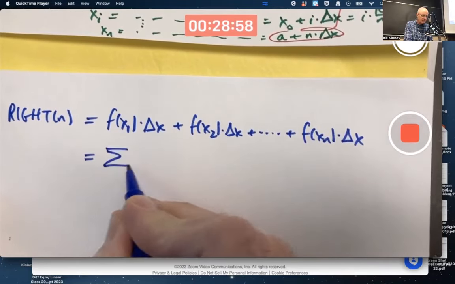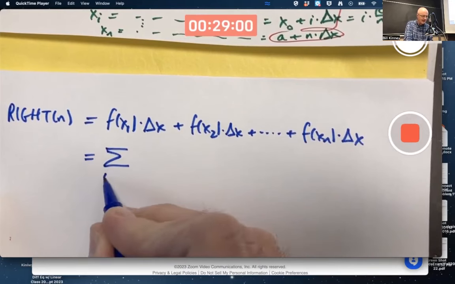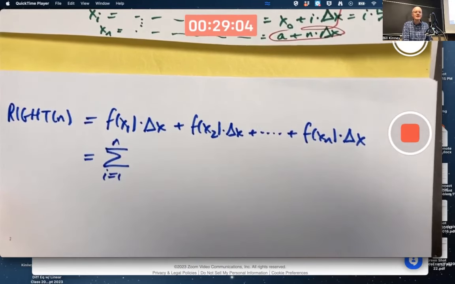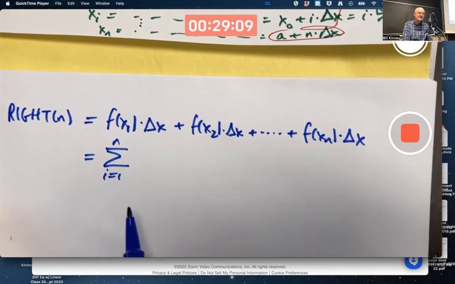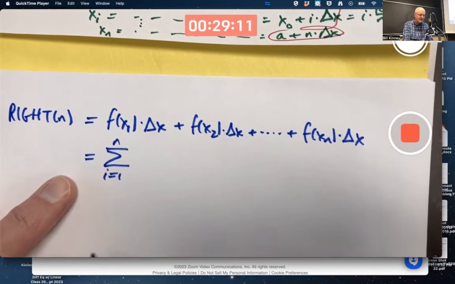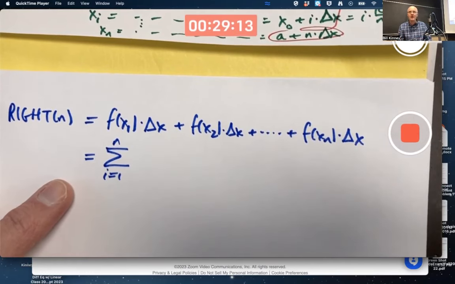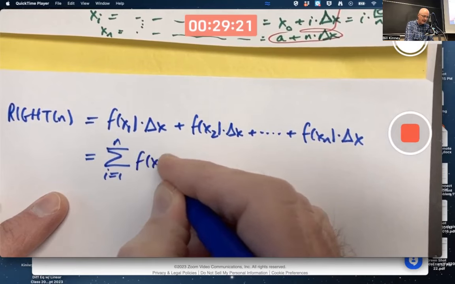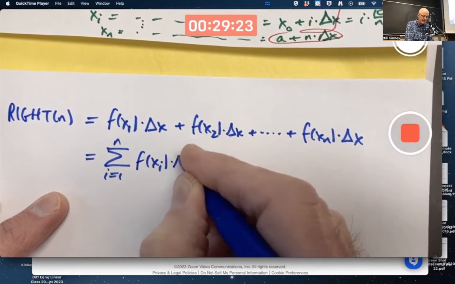You should start feeling comfortable with summation notation as well. Capital sigma, summation notation, means sum. I goes from 1 to n. It's understood I starts at 1, and then I becomes 2, and then 3, and then 4, etc. through n. You're adding up products f of xi times delta x.